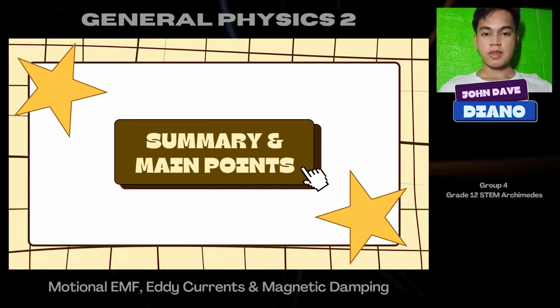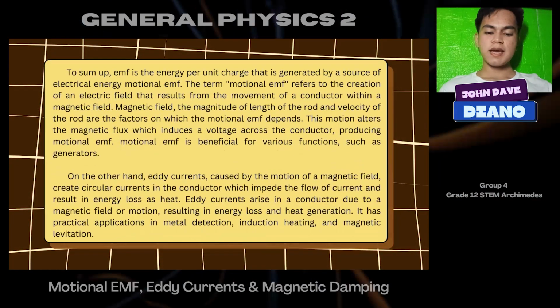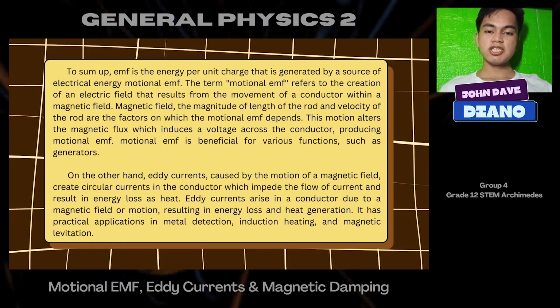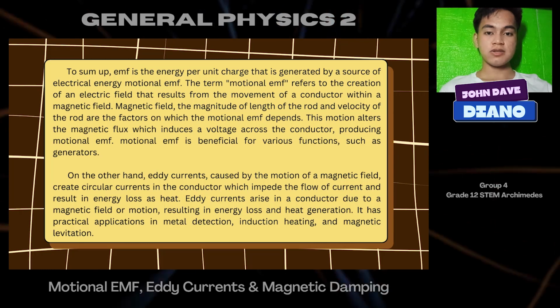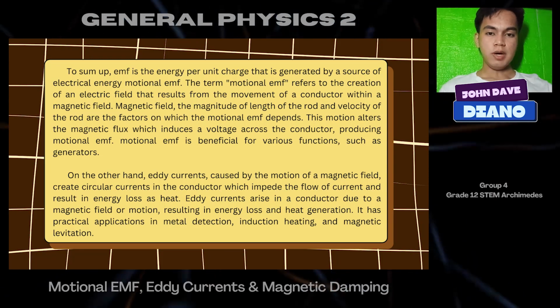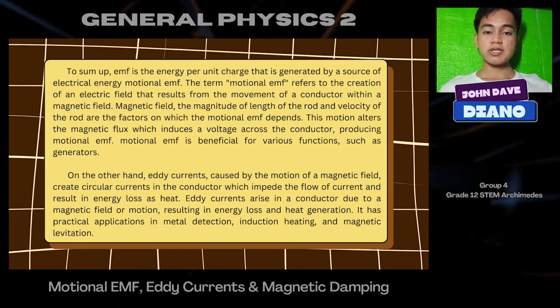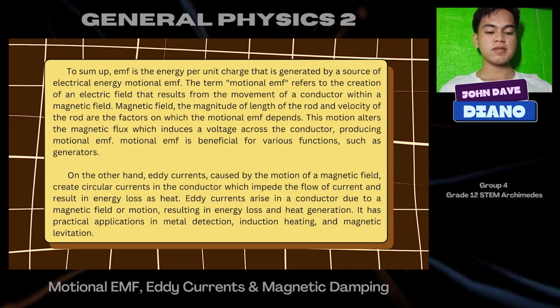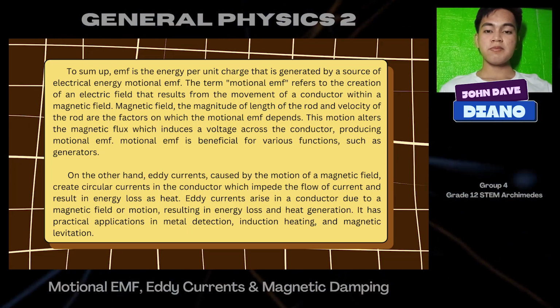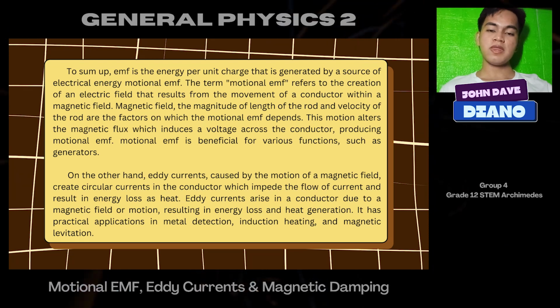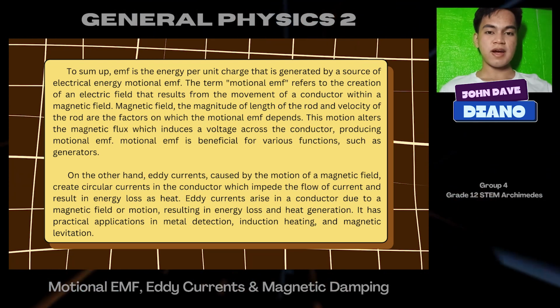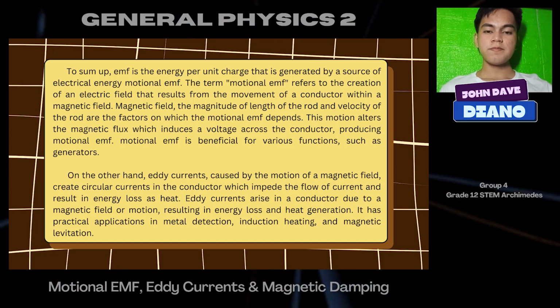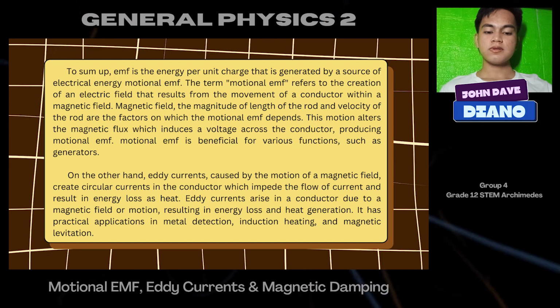To sum up everything, EMF is the energy per unit charge that is generated by a source of electrical energy. The term motional EMF refers to the creation of an electric field that results from the movement of a conductor within a magnetic field. We have three factors that affect the motional EMF. 1. Magnetic field. 2.